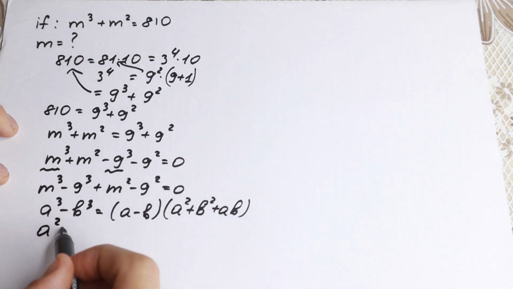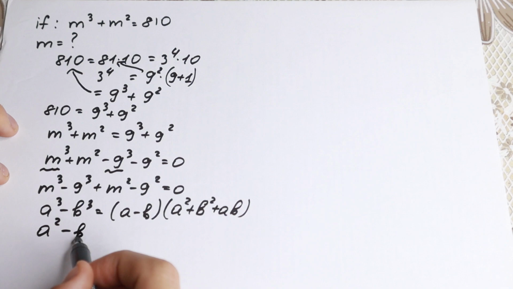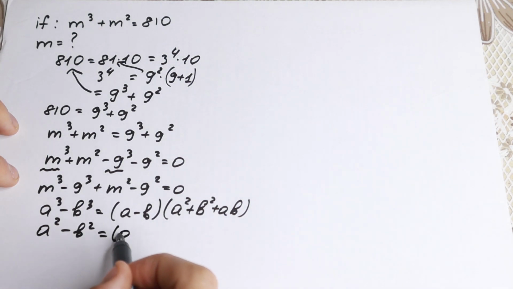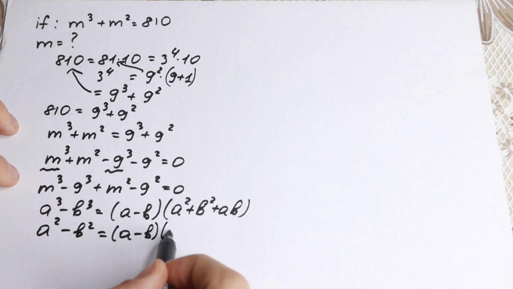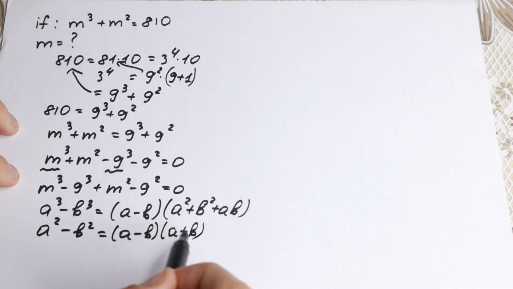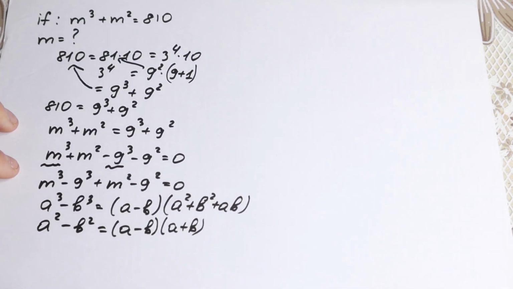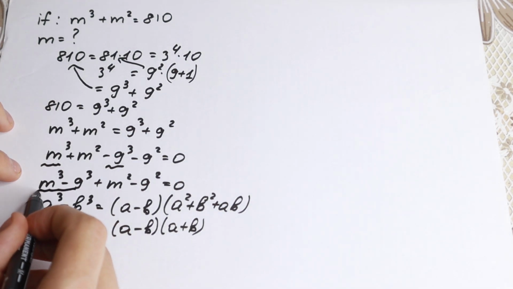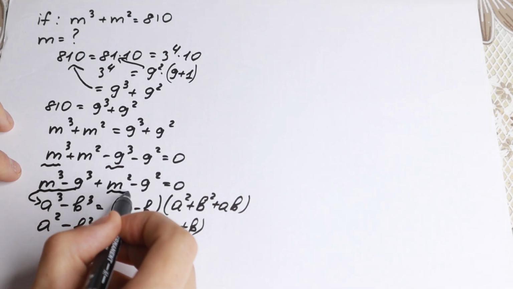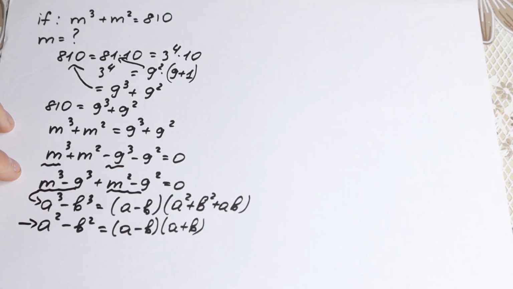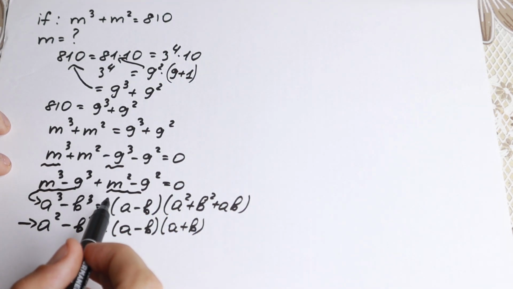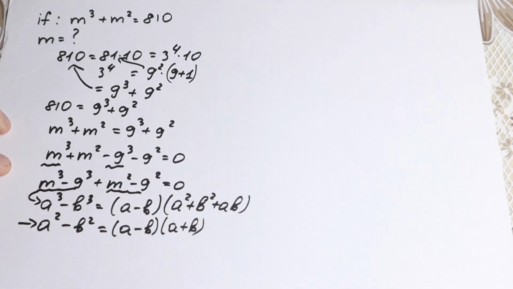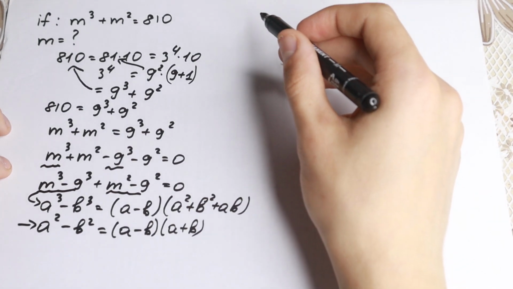This is maybe the most popular formula, because a squared minus b squared equals a minus b times a plus b, or in a different way, a plus b times a minus b. It doesn't matter, because we are talking about a product. Right here the difference of cubes formula, right here the difference of squares formula. Let's do this. a equals m and b equals 9. Let's write it as parentheses right here.